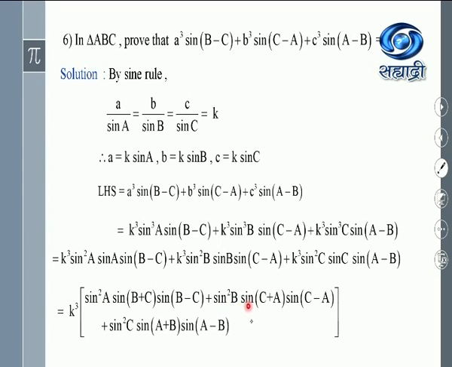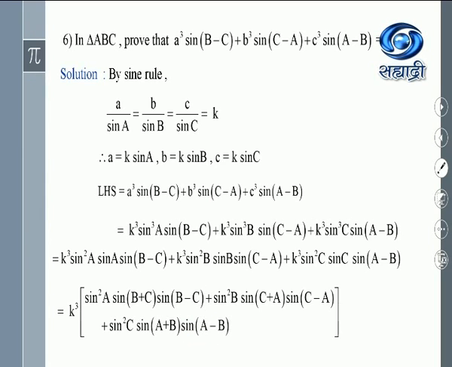This is sine of c minus a, and this is sine of c plus a. That I'll tell you in the next step, how to write this as c plus a. Now k cube is common, then this is sine square c into sine c and sine of a minus b.